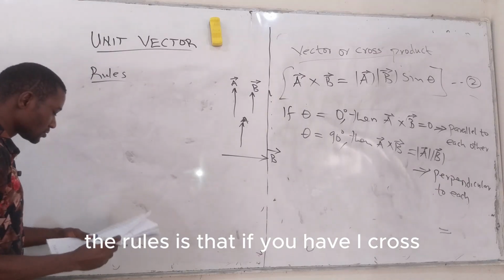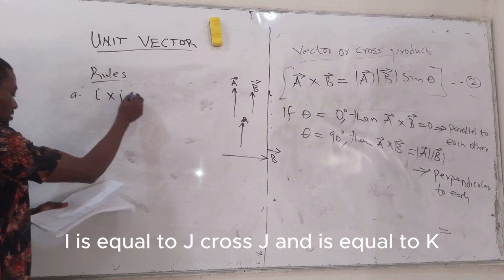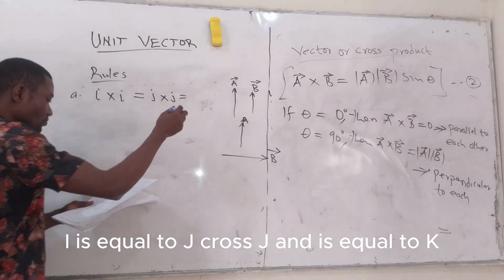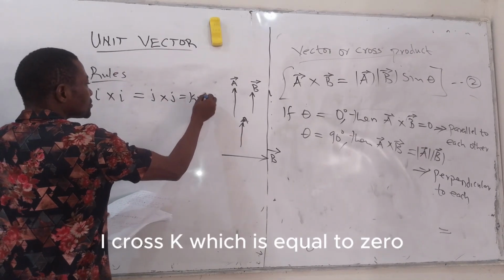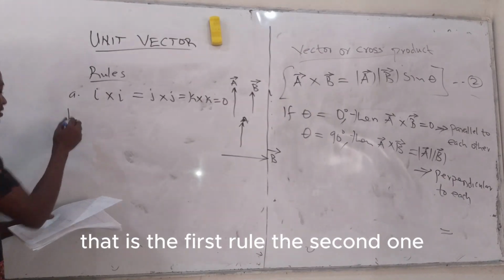The rules are that I cross I is equal to J cross J, and is equal to K cross K, which is equal to 0. That is the first rule.